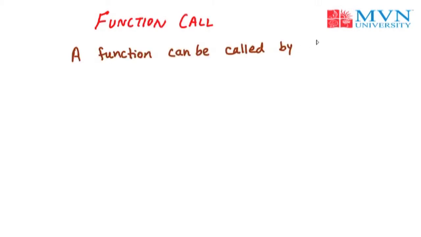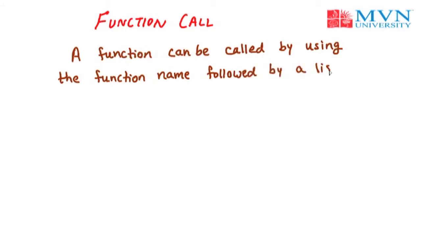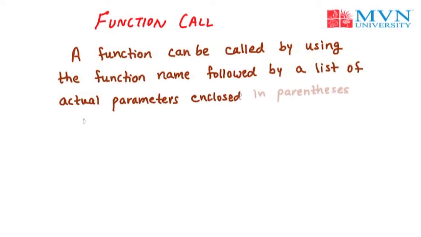Now the second element of the function is function call. A function can be called by using the function name followed by a list of actual parameters enclosed in parentheses. Let's take an example.